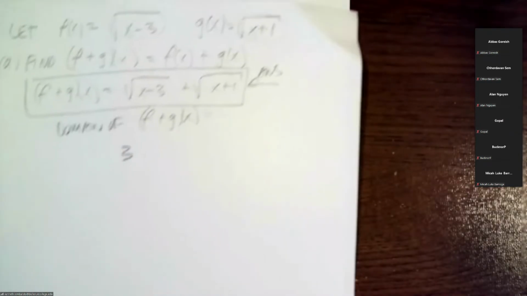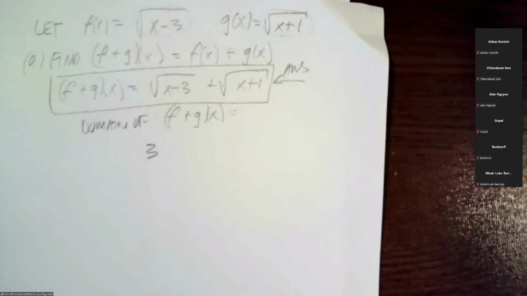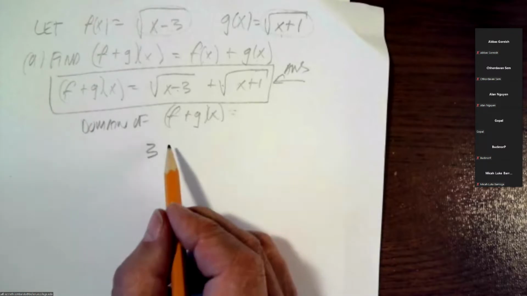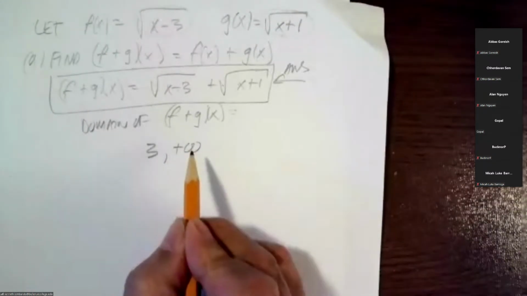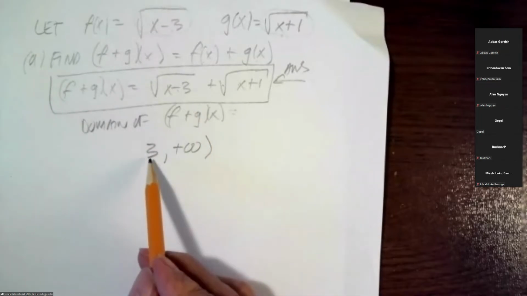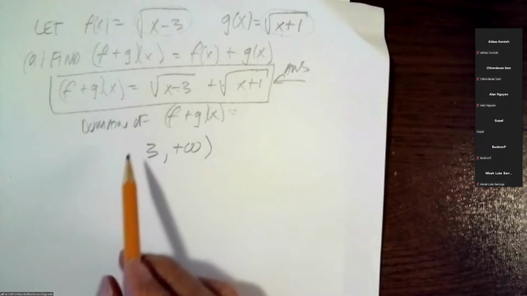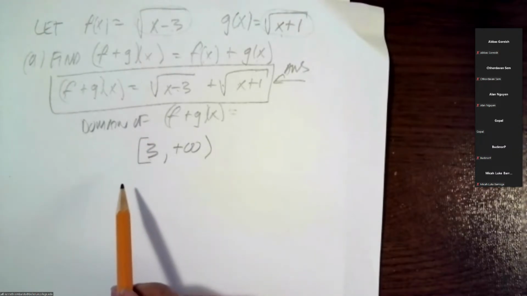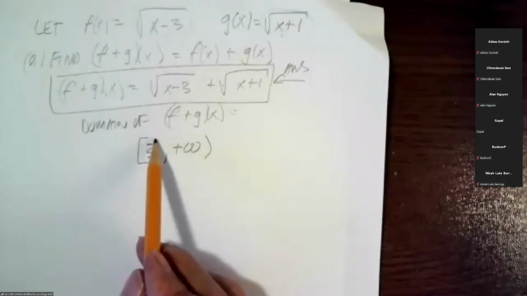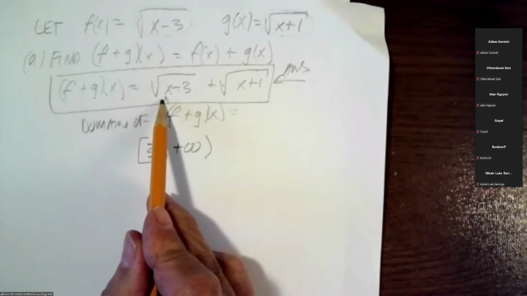Somebody offered us 3. Would it be 3 to positive infinity? We don't include that. What do we do with this 3? Do we include it or do we not include it? Include it. So we put a bracket here. Okay, so this 3 goes here.